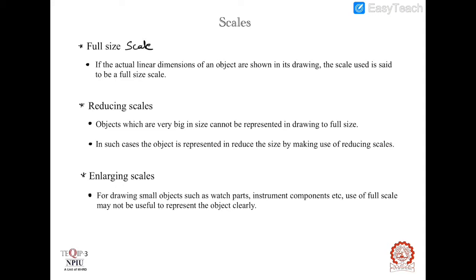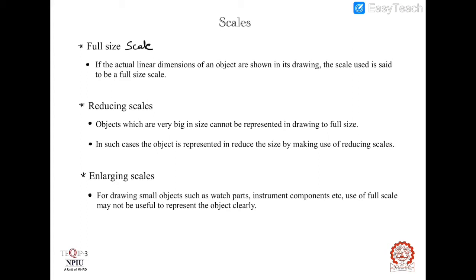And if the object size is very big, then we need to reduce the size of the object, and for that we use reducing scales. Reducing scales are used to represent objects such as large machine parts, building plans, town plans, etc.